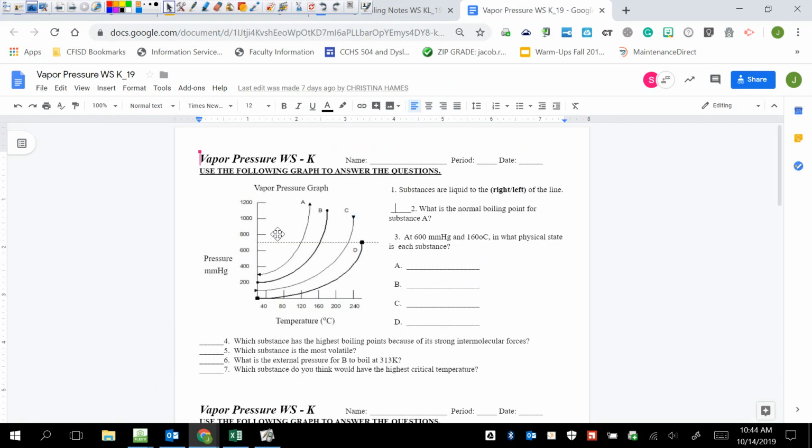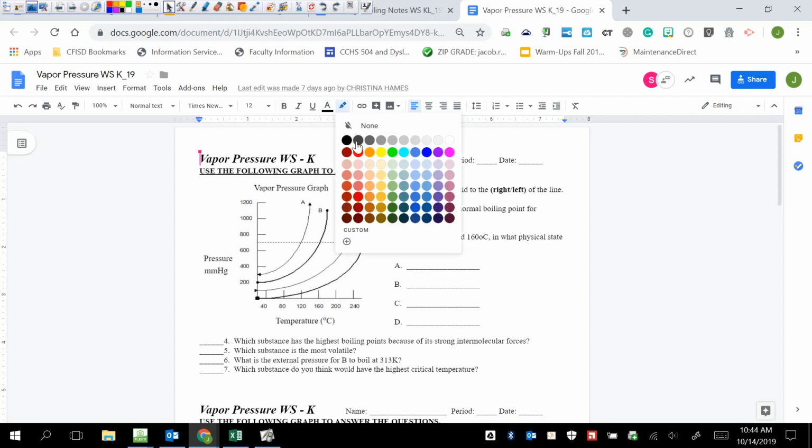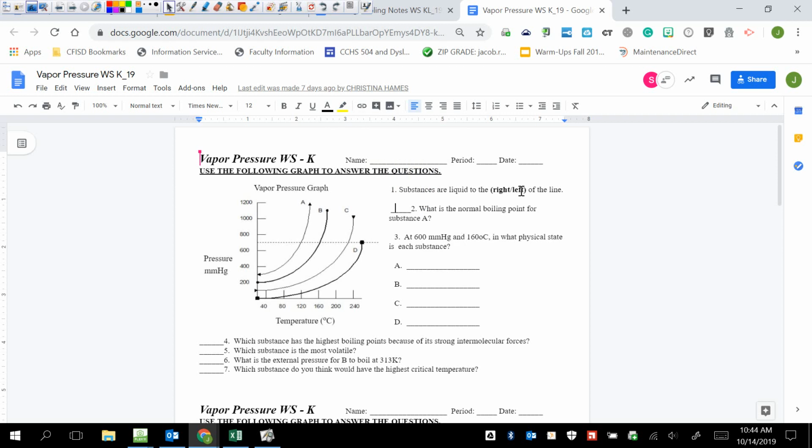If the pressure and the temperature are to the left, it is a liquid. If it's to the right, it's a gas. So if I highlight that, it means substances are liquid when the point is to the left.